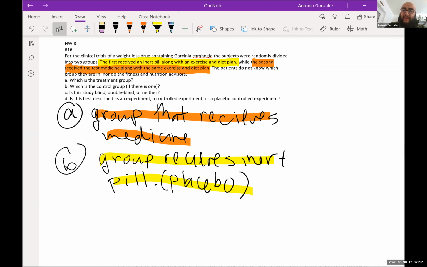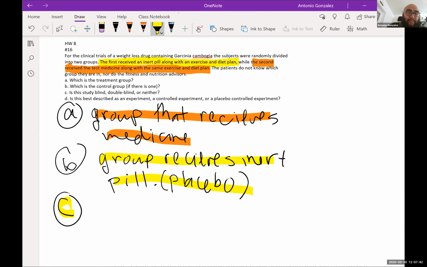Okay, so now let's move along here to part C. Okay, so it seems like now we're all good here. So part C is this study blind, double blind, or neither? All right, now just a reminder of what blind means is when one of the groups does not know which group they belong to, right?